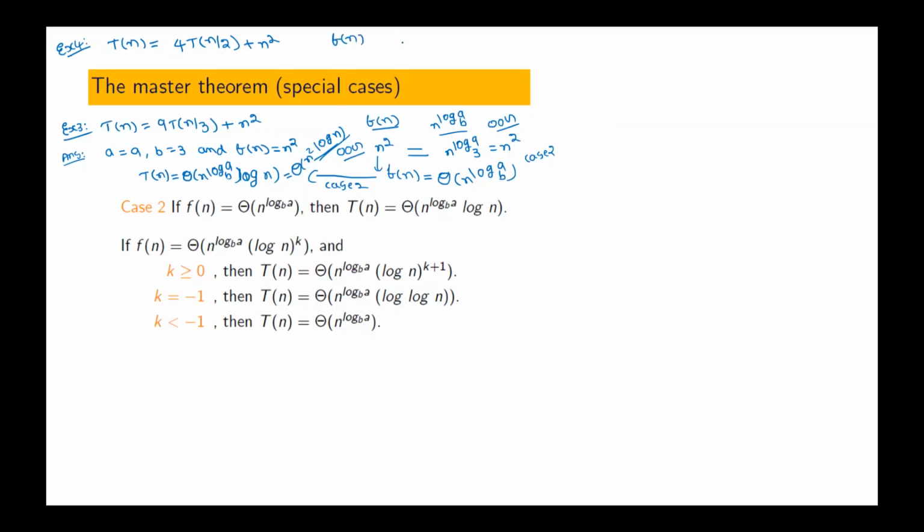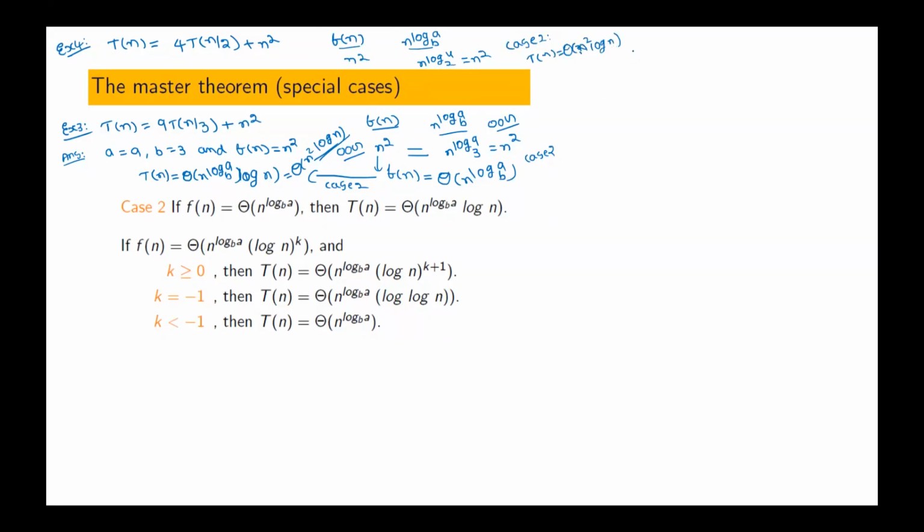Others, are you following? If there is any doubt, please ask me. Both are the same, so by case 2, again case 2, T of n is theta of n square log n.